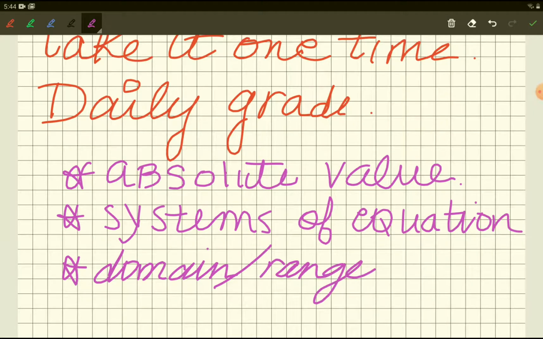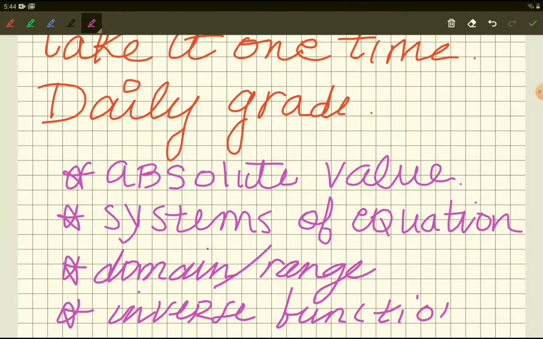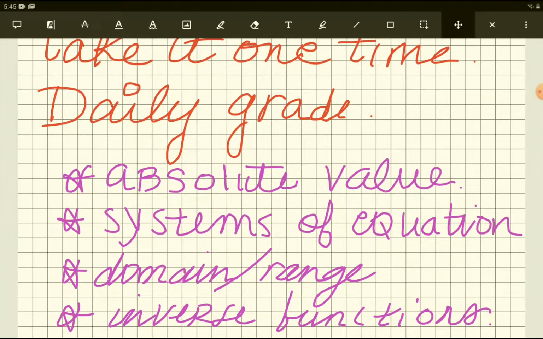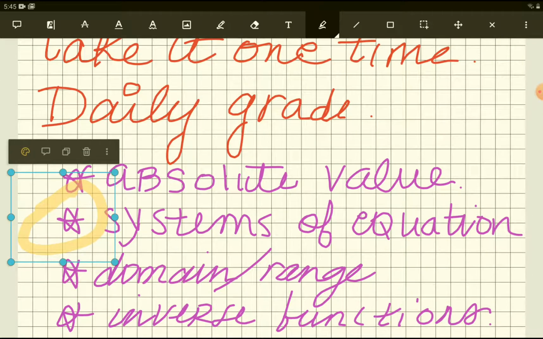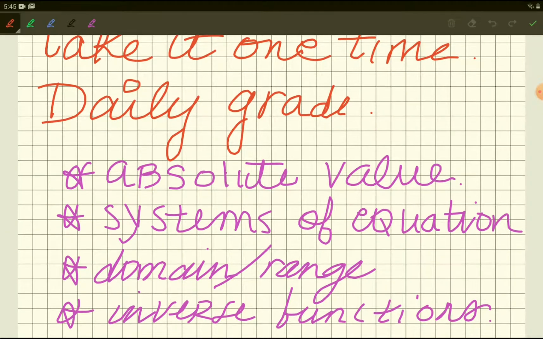Domain and range on the test, and finding inverse functions. I just went over systems of equations.